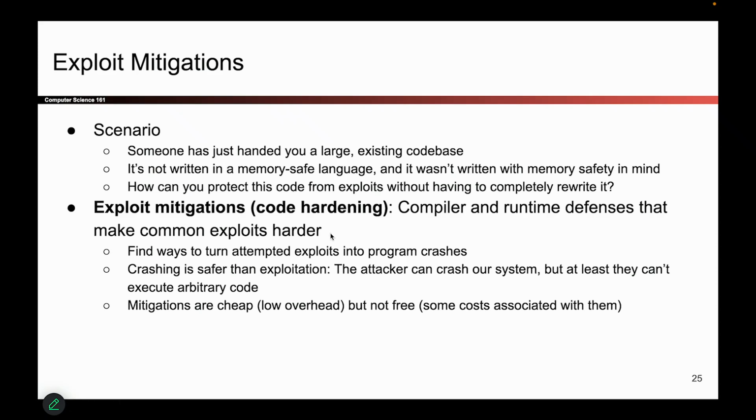So even though we might not be able to stop the attacks, sometimes we'll be able to detect the attack and panic and crash the program and say, this program is compromised. We're going to stop running it. And that's still better than allowing the attacker to do anything that they want. It's still bad. We don't want to crash the program, but it's better than letting the attacker do anything that they want. So our goal here is really just to make the attacker's life a little bit harder.